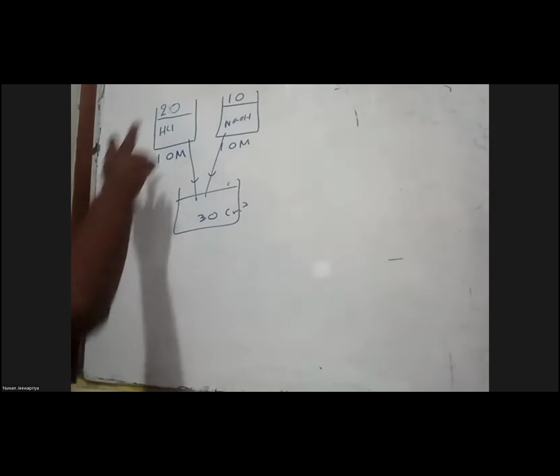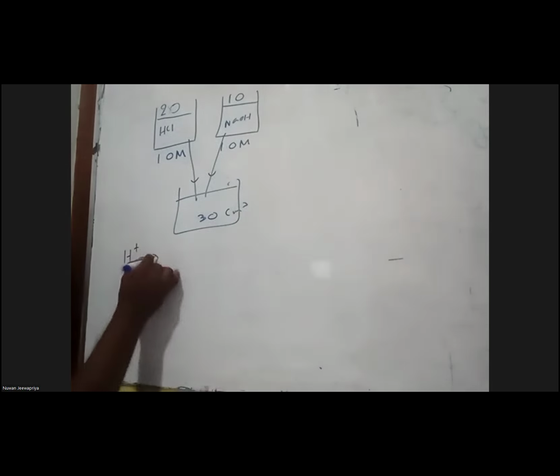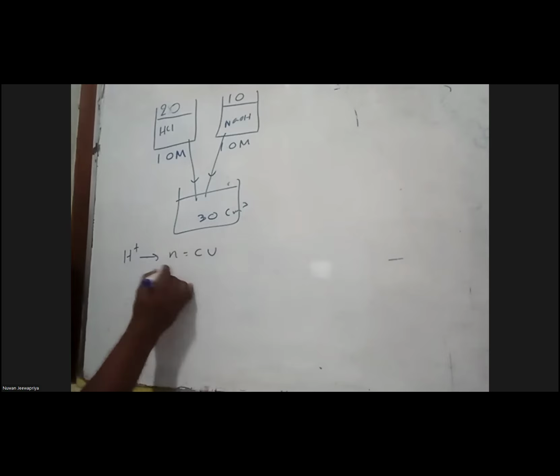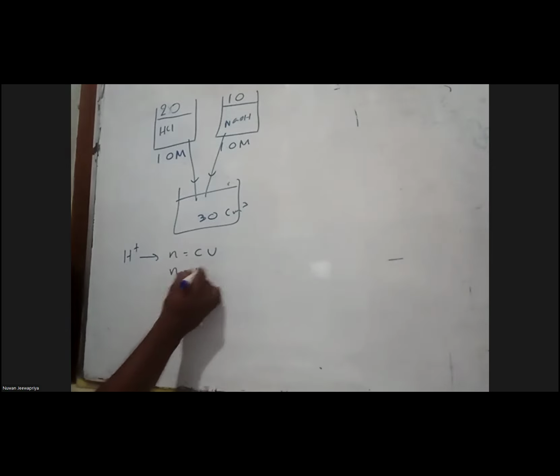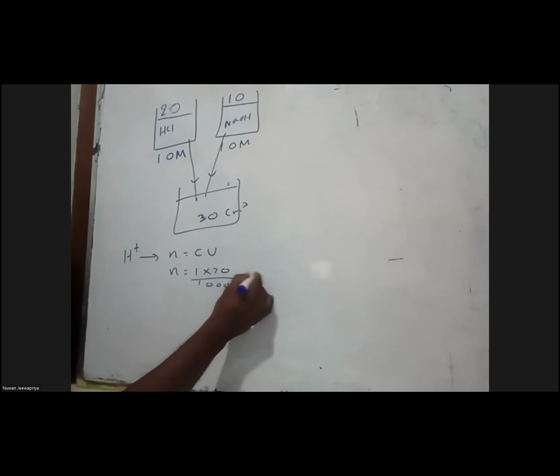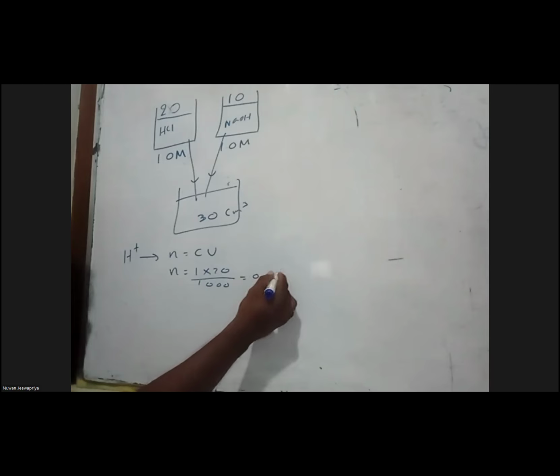So now I want to find how many moles of HCl there are, how many moles of OH minus there are. I mean, how many moles of H plus? n is equal to cV. c is 1, volume is 20 divided by 1000. So the answer is 0.02.